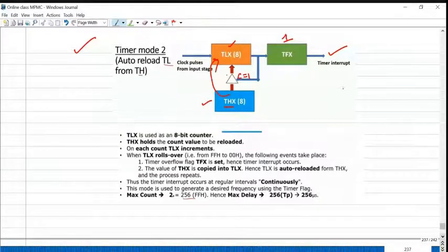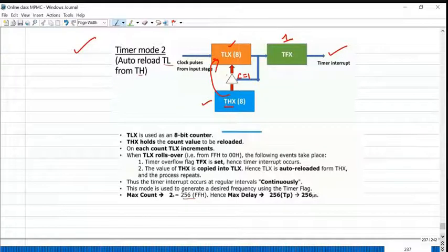Yesterday I gave one example. If you want to launch a missile for a particular periodic time interval, then auto reload mode will be preferable. You keep on doing the same function. Once TL overflows, the flag bit will be set and the interrupt generated.